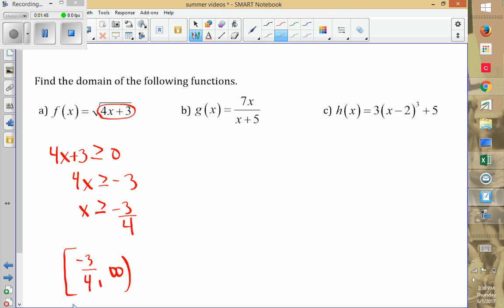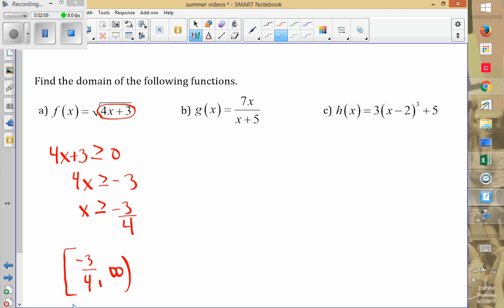All right. Moving on to the second one, which is a rational expression. If you recall, with a fraction in math, the only issue that we see is if you have a denominator equal to 0.